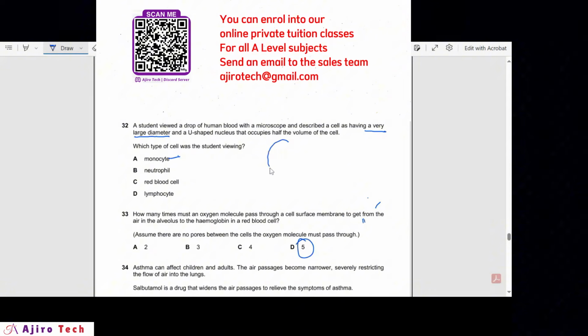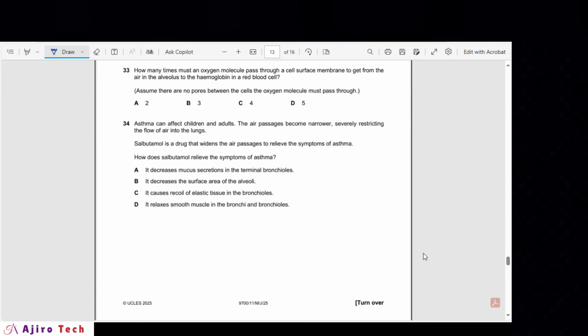And if you look at it, it has a U-shaped nucleus, not like a neutrophil. That of the neutrophil is lobed. This is the U-shaped monocyte.